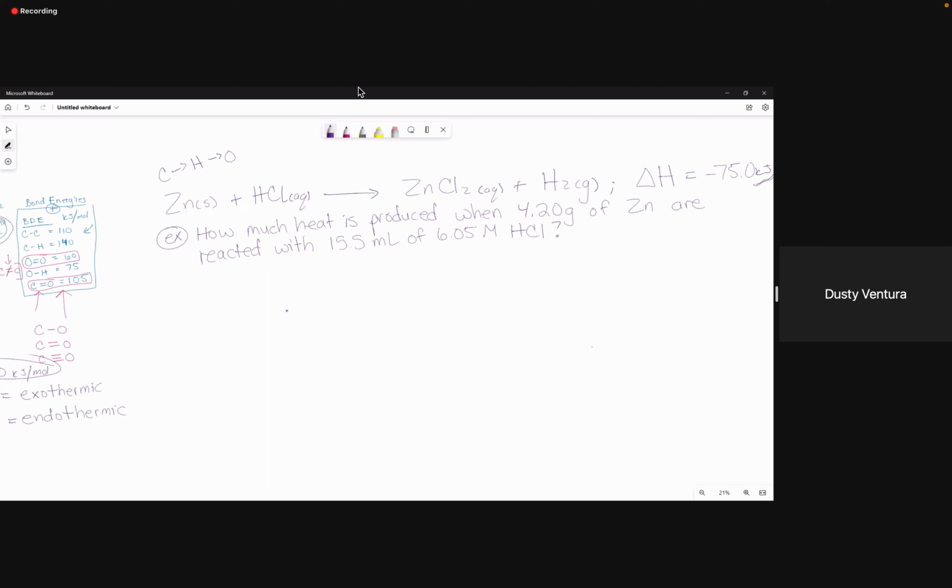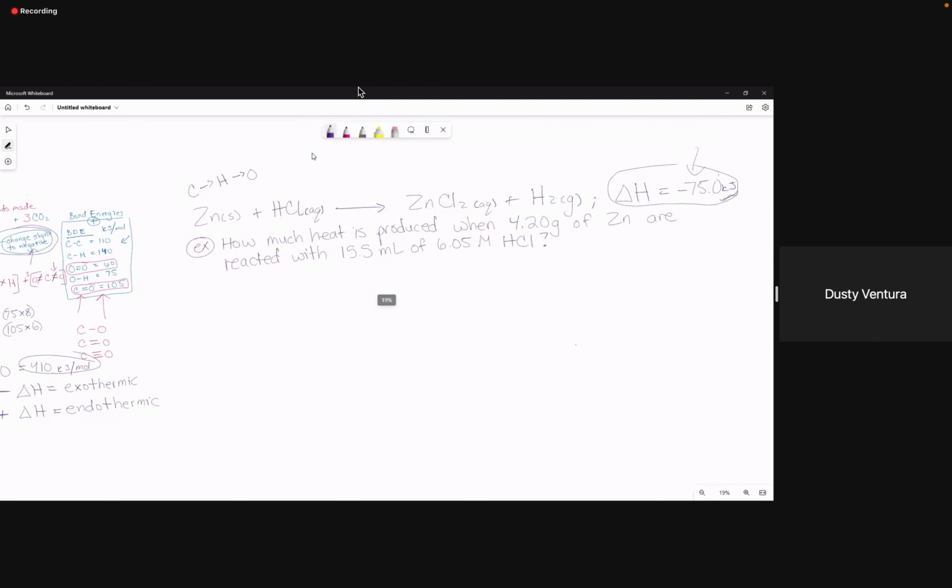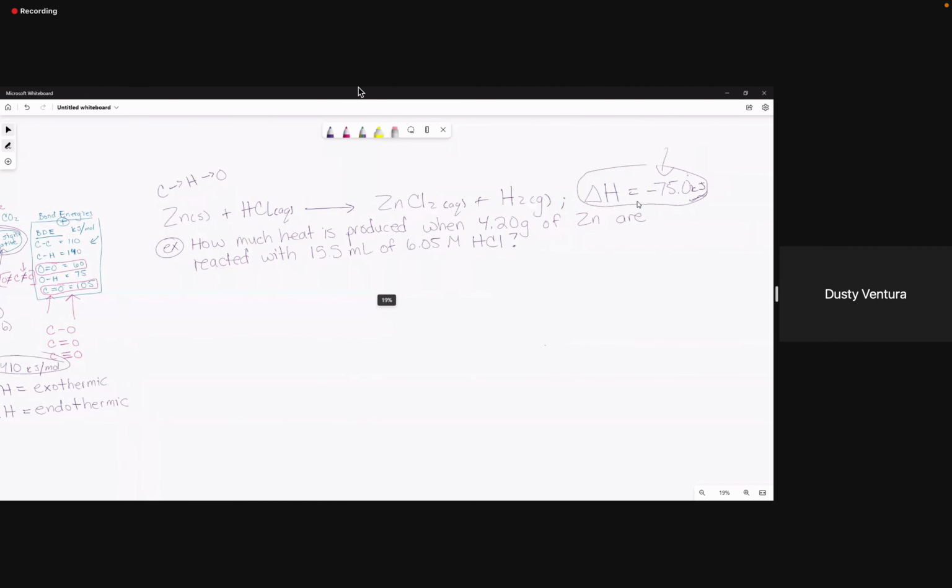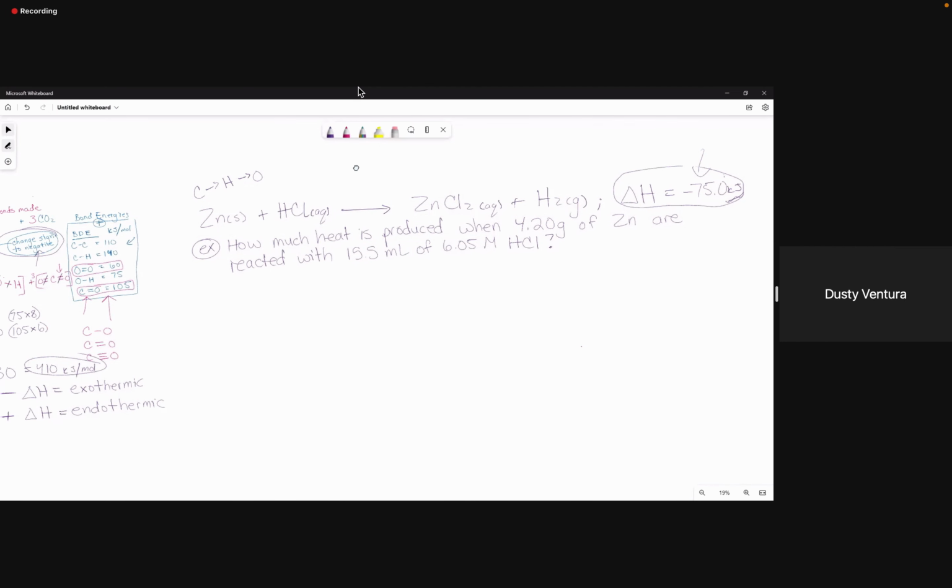First of all, what the hell, right? We've got molarity, we have heat. We want to know how much heat we're going to make. It seems scary because this reaction makes this much heat. Like, why is that not the answer? So the amount of heat that is listed in this equation is now called a thermochemical equation. Once you attach a heat value to your equation, it's just called a thermochemical equation.